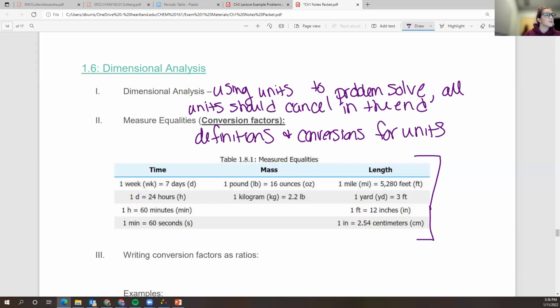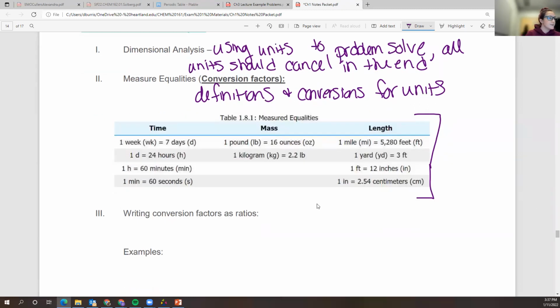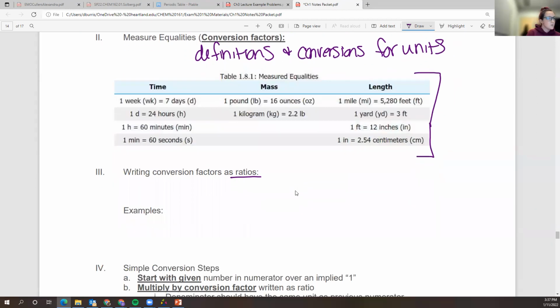All right. So essentially what we're doing is we're going to take these conversion factors here and we're going to write them as ratios, okay, because they're equal, right? So essentially if I write, let's use the week and days one, 1 week over 7 days, okay, that's a ratio, right? But those are exactly the same thing.